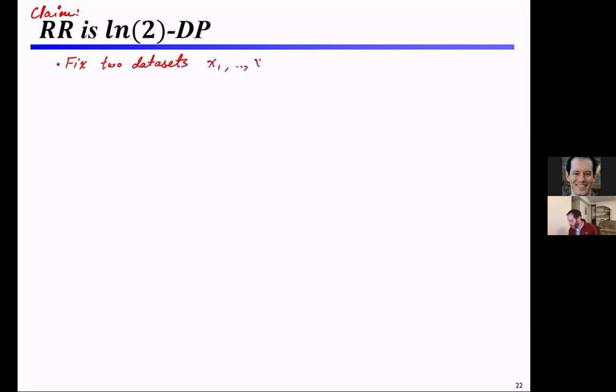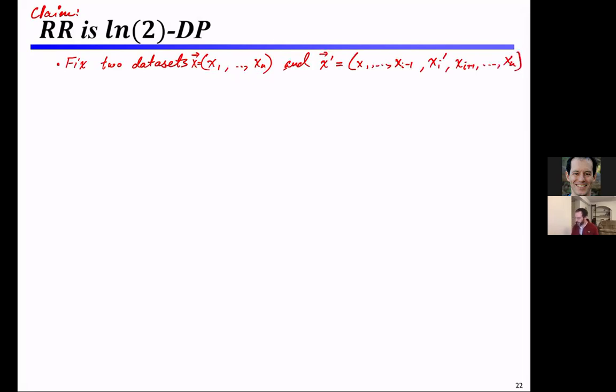Let x1 through xn be our data set x, and let x prime be x1 through xi minus 1 and so on, so it agrees with x everywhere except one position, let's say i.